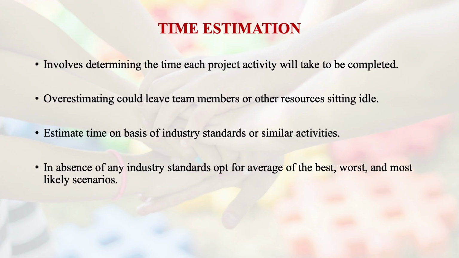This is technically an estimation, and you should not be overestimating, as well as you should not be underestimating. However, in the absence of any industry standard, opt for an average of the best, worst and most likely scenarios. This is normally done when you are creating your PERT, and how it can be used, we'll discuss with the help of an example also.